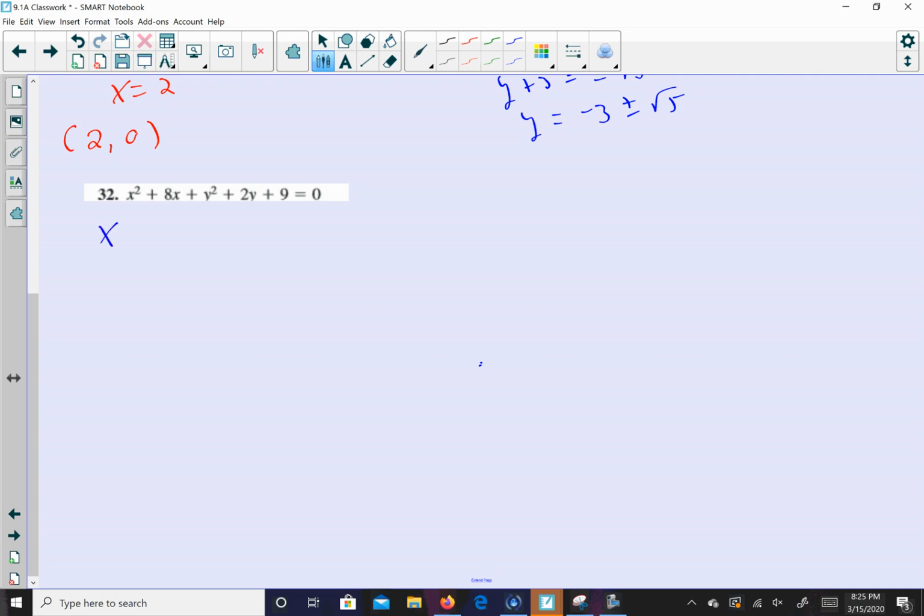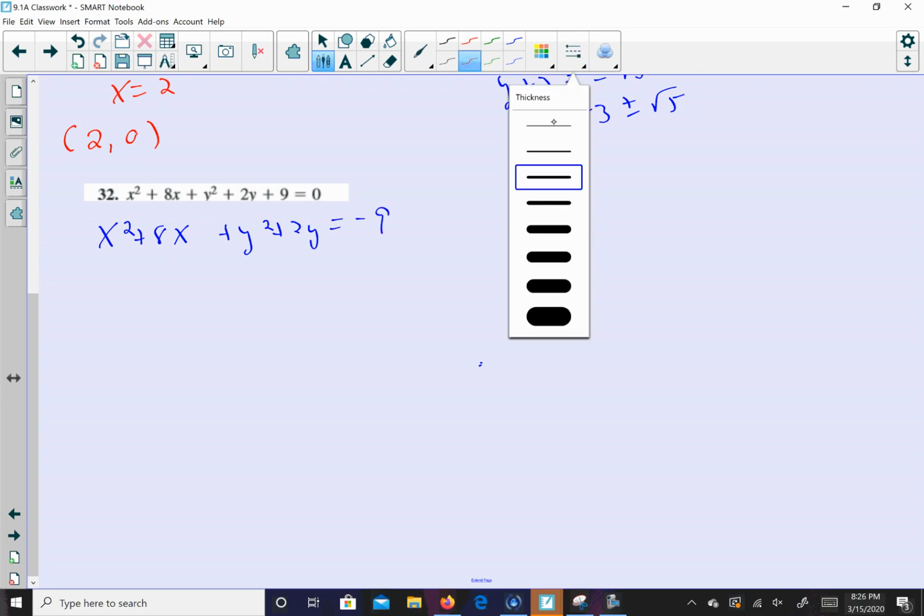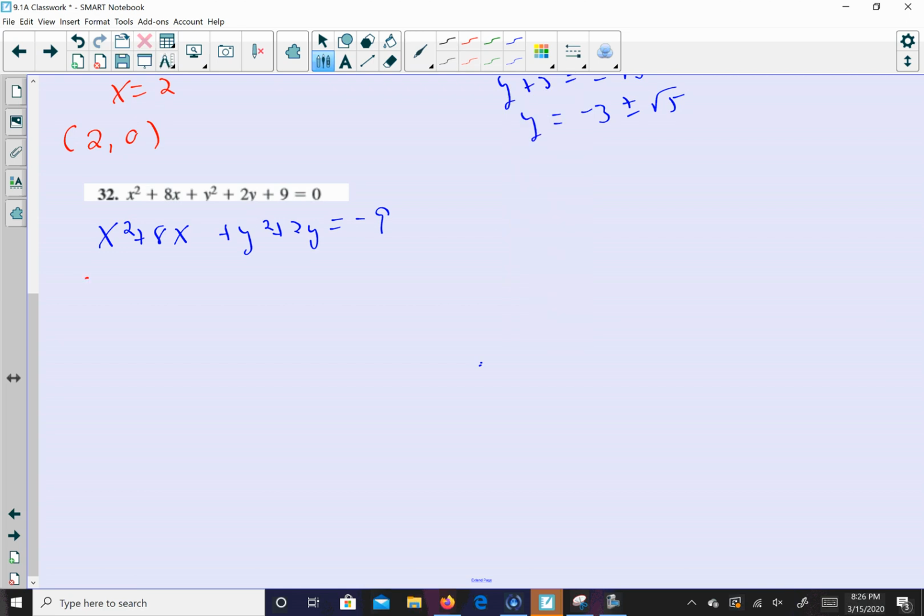I'm going to put my x's together, and I'm going to put my y's together. I'm going to put that 9 on the other side. I'm going to complete the square for the x's. So I'm going to have x, copy down that plus sign. 8 divided by 2, half of 8 is 4. 4 squared is 16. So I'm going to add 16 to the left side, add 16 to the right side.